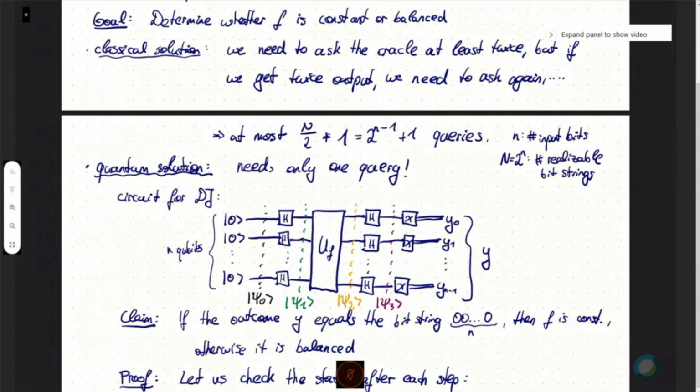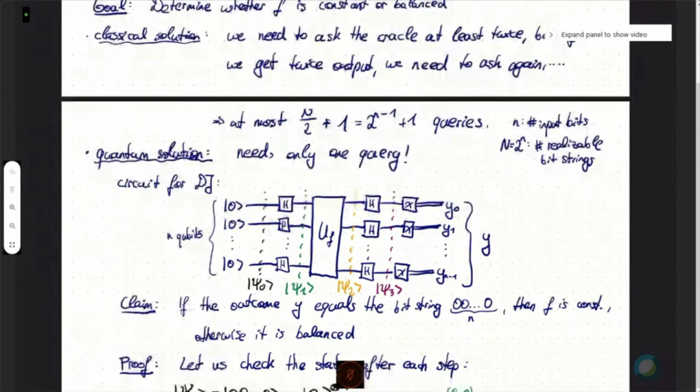In the case where it's constant but outputs 1, it's very similar, because we will always get the -1 phase, which means that our total state will just get a global phase of -1. But as we learned yesterday, the global phase does not have any impact at all, no physical meaning. So if we multiply everything with -1, it has no effect, and we again have just basically 2 Hadamard gates, we go to the plus states, then we go back to the 0 states, and then in the end we will also measure the 0 state.